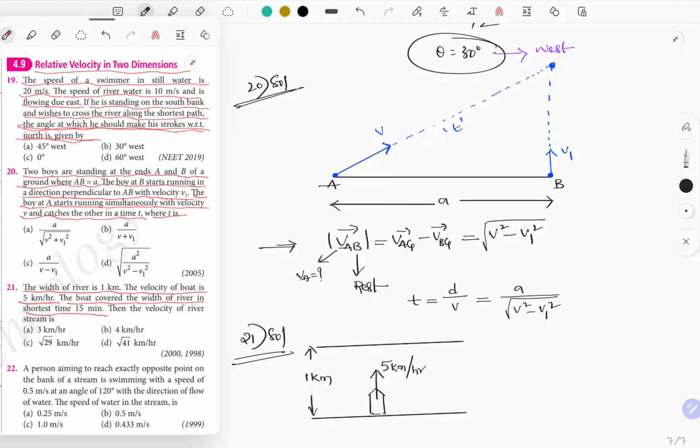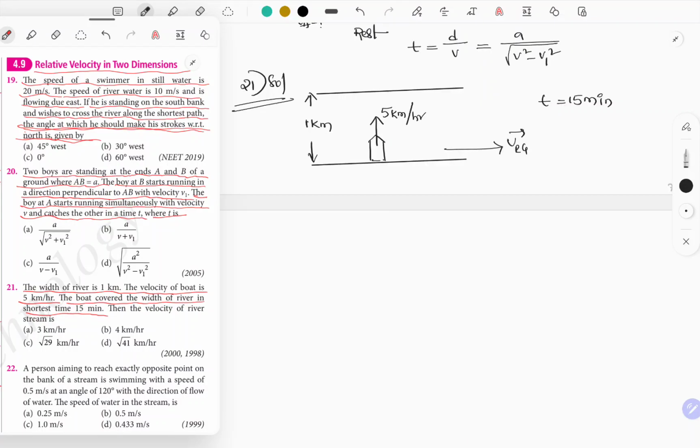The boat covered the width of the river in shortest time, that is t is equal to 15 minutes. Then the velocity of the river stream. Okay, so river is flowing like this, v_RG. Then they have given shortest time, t is equal to how much? 15 minutes.